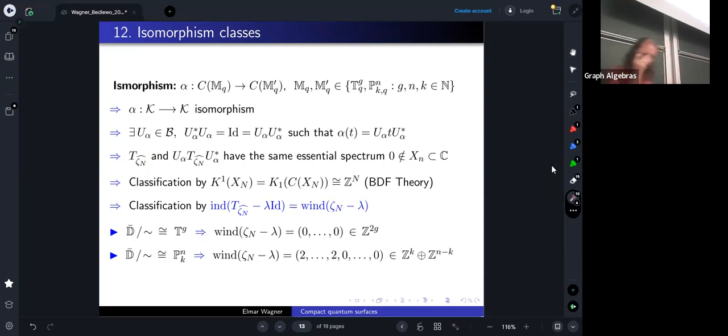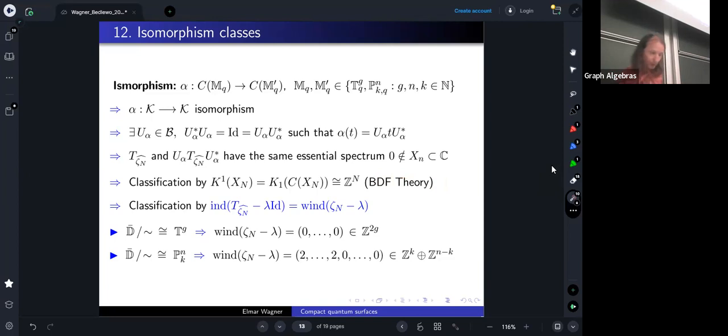So Brown, Douglas, Fillmore were just asking this question: when can two essentially normal operators with the same essential spectrum be unitarily equivalent? And that answers these questions. So the answer of these questions, BDF theory, is exactly the answer: when are two of our quantum surfaces isomorphic?